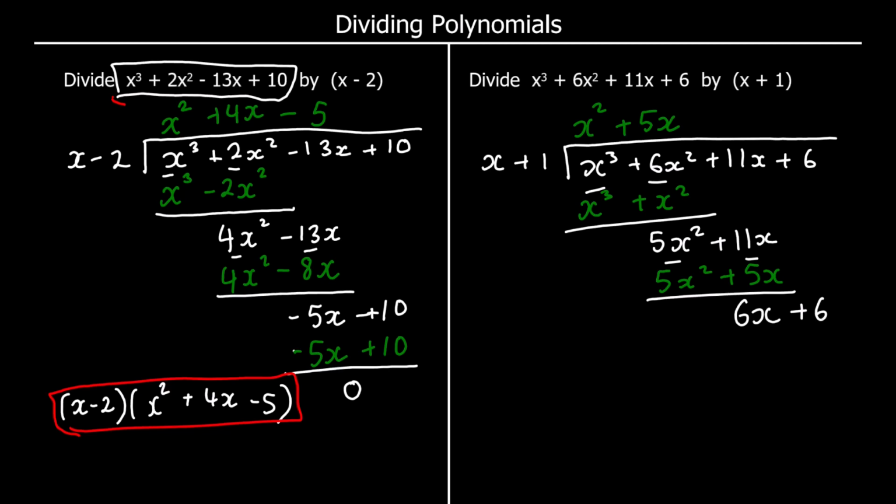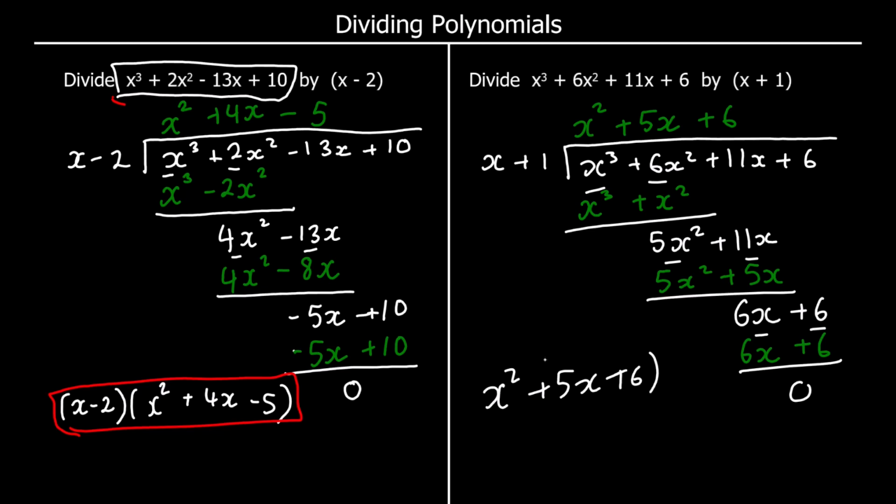Same steps again, so divide. 6x over x is 6. Then times 6 times x, 6x. 6 times 1 is 6. Take away. There's nothing left. There's no remainder. So when we divide x cubed plus 6x squared plus 11x plus 6 by x plus 1, we are just left with x squared plus 5x plus 6.